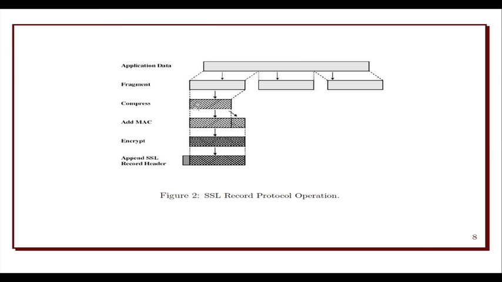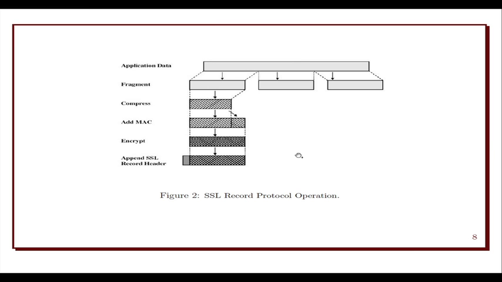So, this is a message. We compute the MAC from this message using the secret key, and we add the MAC at the end of the compressed message. Then this compressed message plus MAC we encrypt using symmetric key encryption.